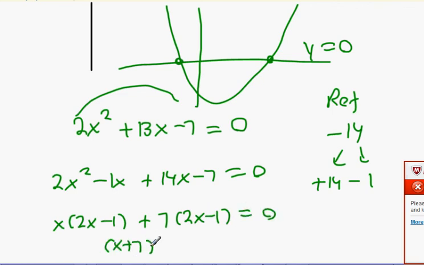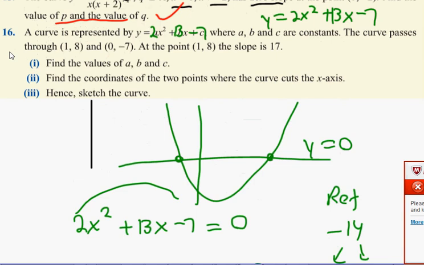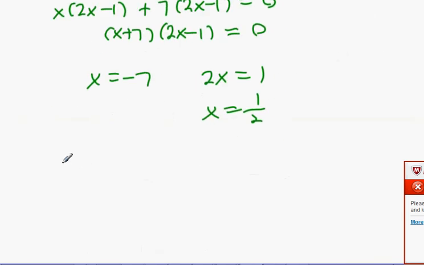We get x plus 7 and 2x minus 1 equals 0. And then we have x equals minus 7, 2x equals 1, x equals a half. So it's going to be minus 7 and a half. Does it say points or x values? Coordinates. So minus 7, 0 and a half, 0. We actually don't have to work out the y value this time because we know it's 0.